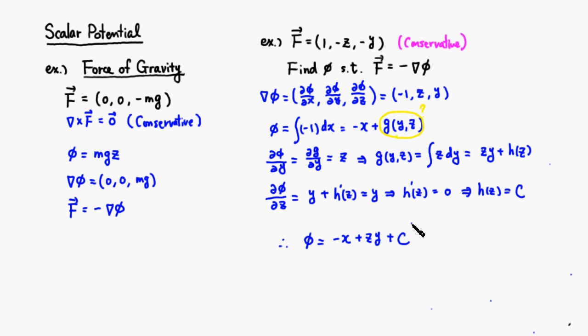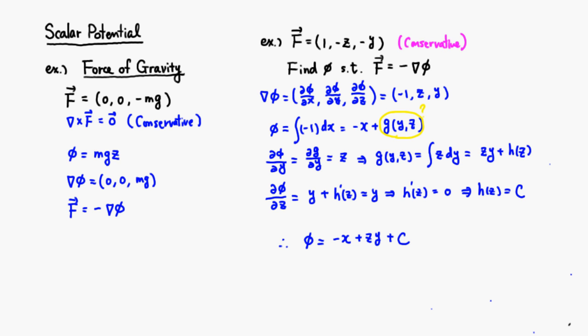You can see that if you take the gradient of this, you get the negative of the original force field. So we can find the scalar potential for any conservative field, but the good example was the force of gravity and its scalar potential.